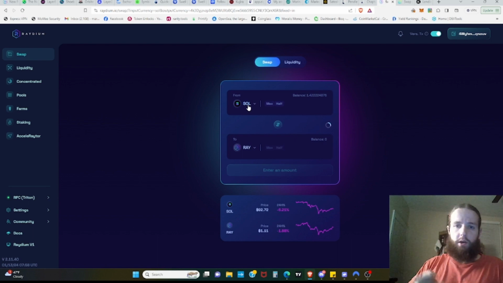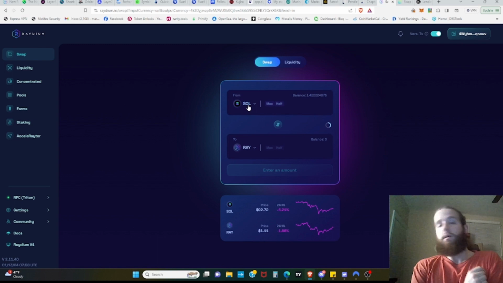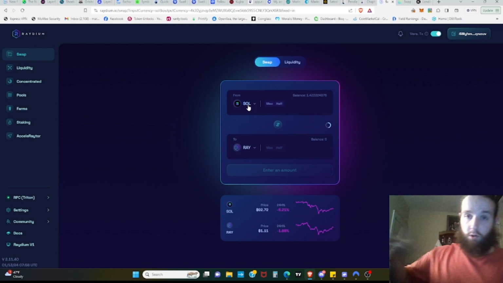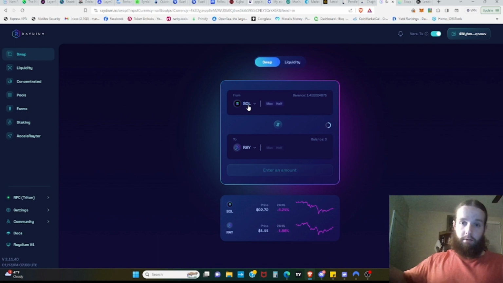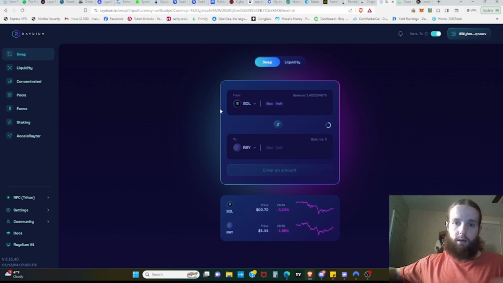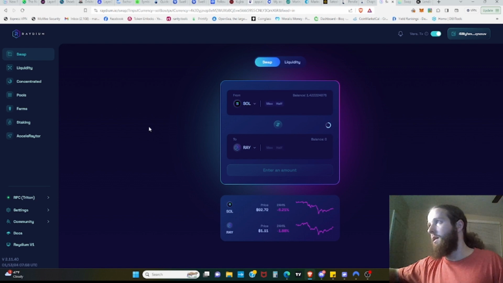There's no third party that you have to deal with, high fees, and the lack of listings or whatnot. When it comes to DEXs, for the most part, you're going to find any coin that exists on most of these blockchains is going to be available to you on a DEX. So many coins that you're never going to see on a centralized exchange, you're going to be able to find them very easily on some of these DEXs.